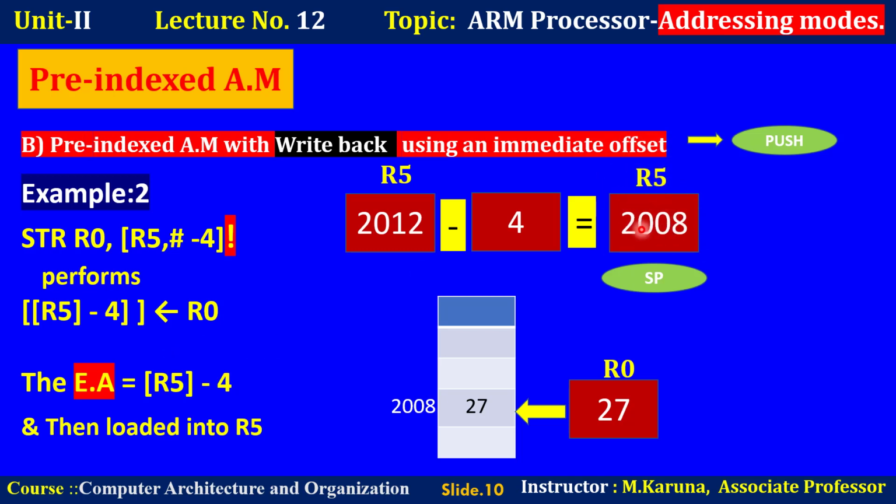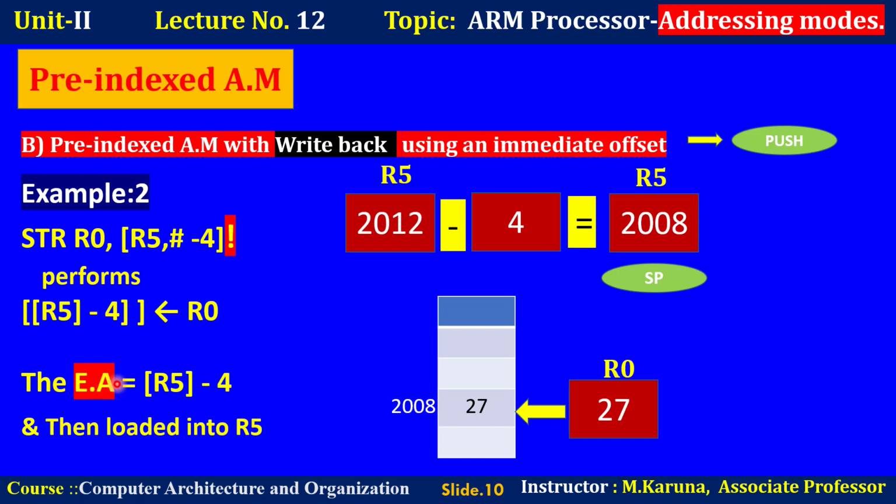So every time, the R5 content will be updated. Now this acts as a base address. Again 4 will be subtracted from 2008, and then 2004 will be the effective address, which is again written back into R5.